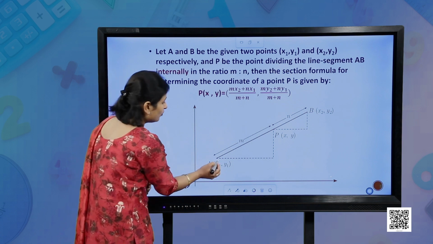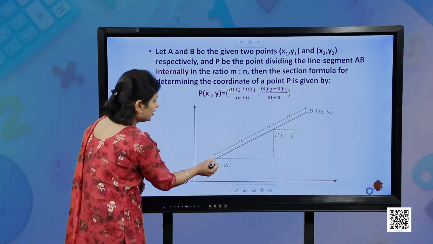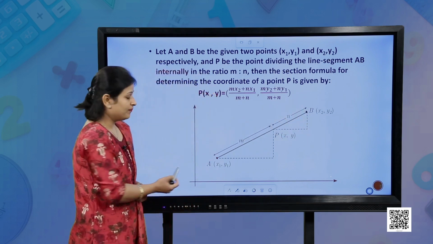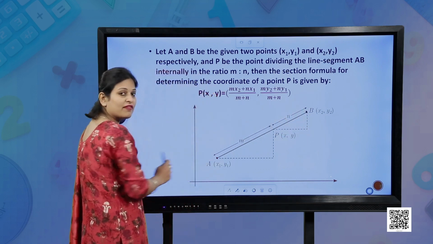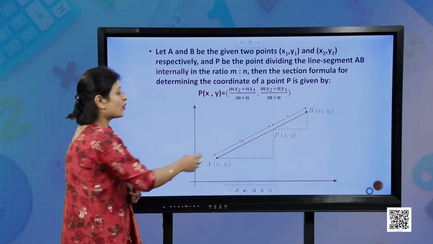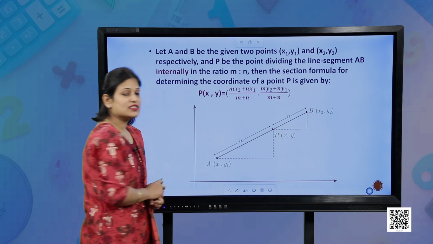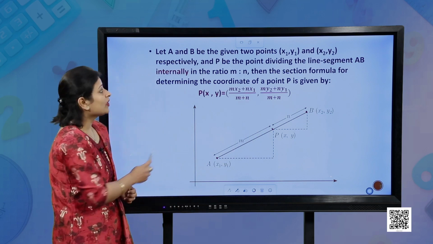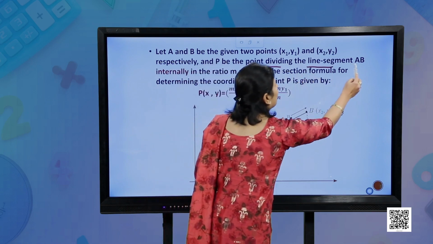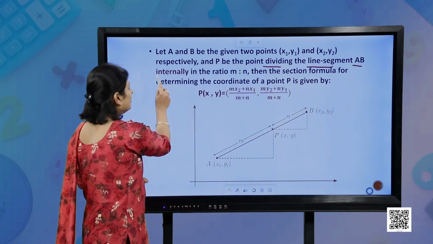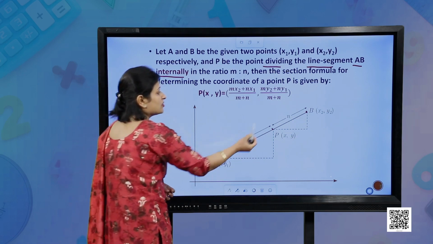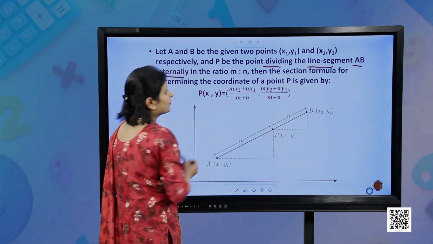Just plot these two points in a coordinate plane. Now, consider a point P which is (x, y). The point P is dividing the line segment AB internally in the ratio m is to n.